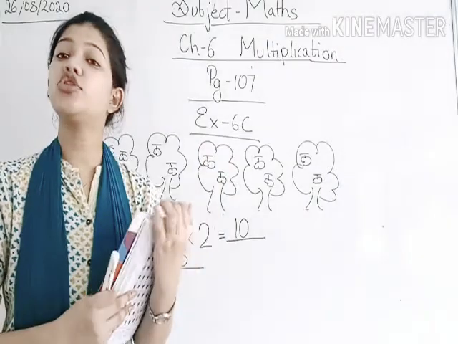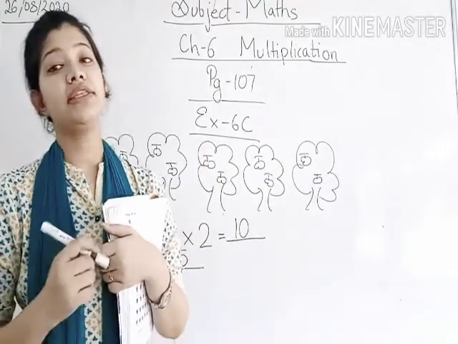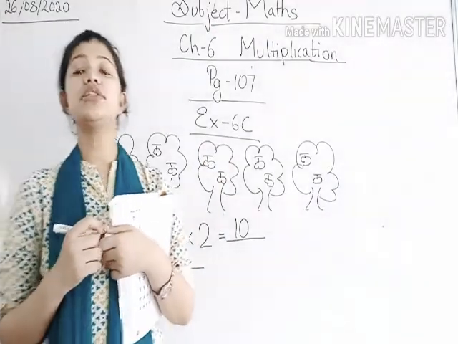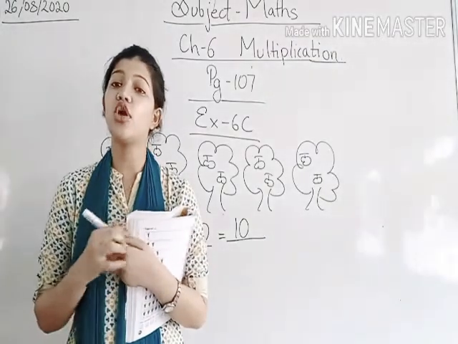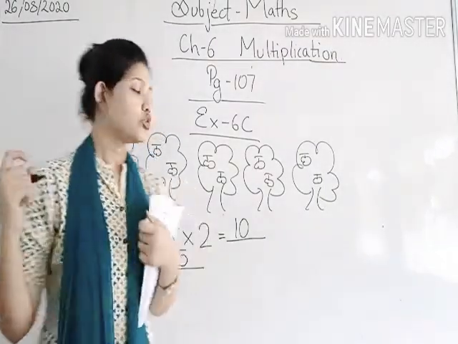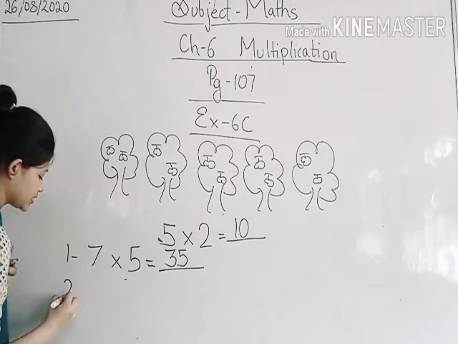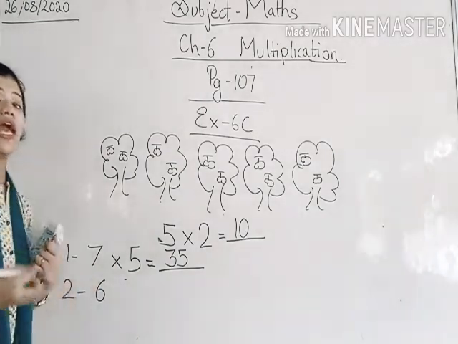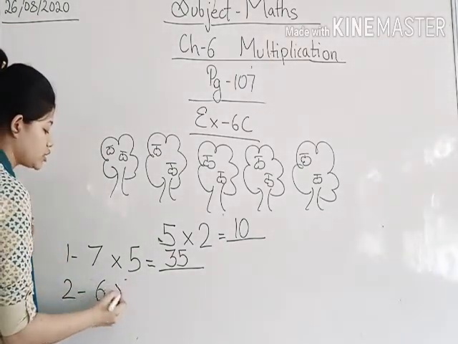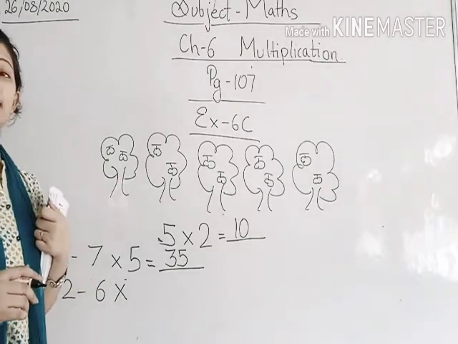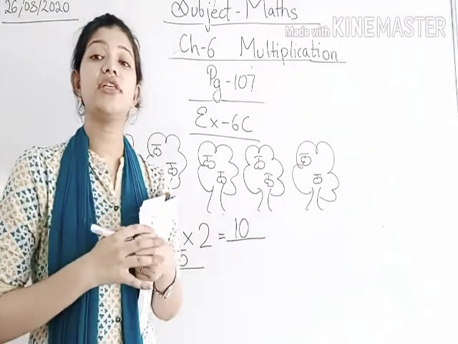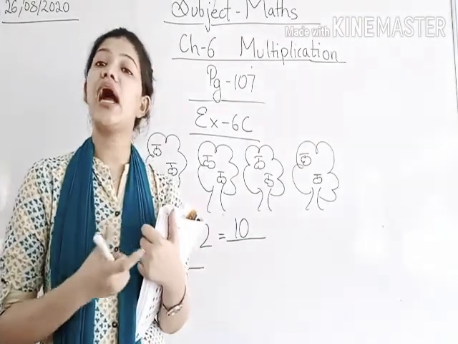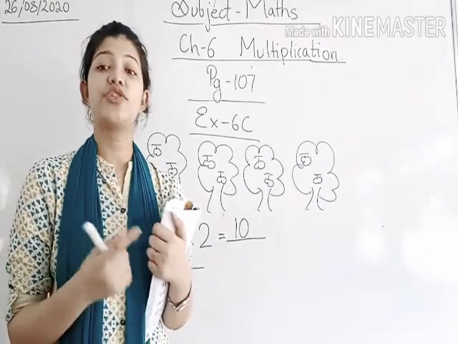So the first factor will be 6. Why 6? Because there are 6 boxes of crayons. As we are doing multiplication, we will put the multiplication sign. Now the second factor means how many are there in each box. So how many?